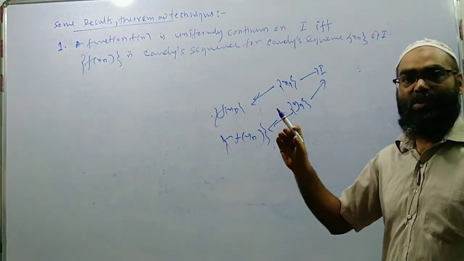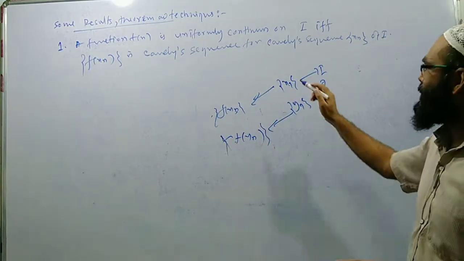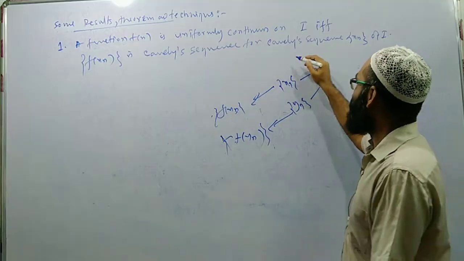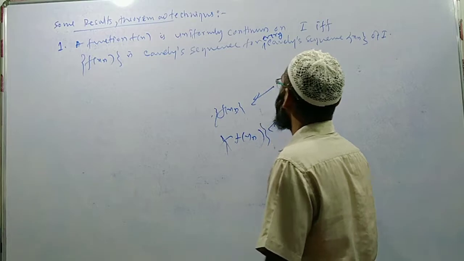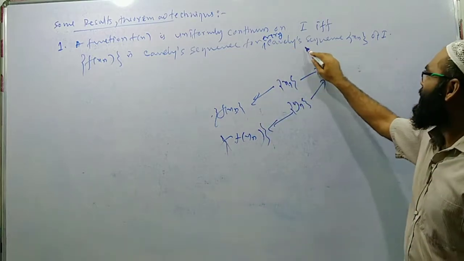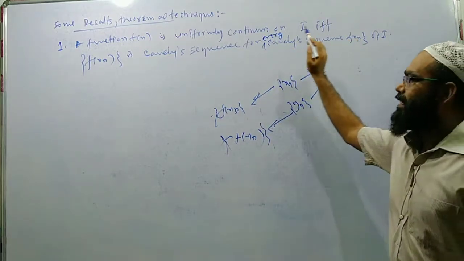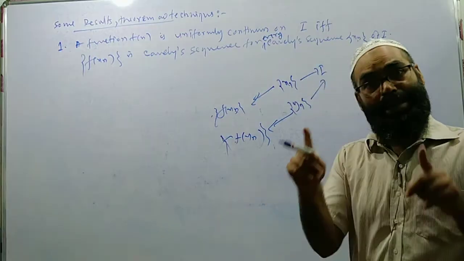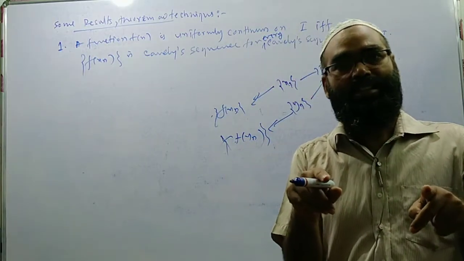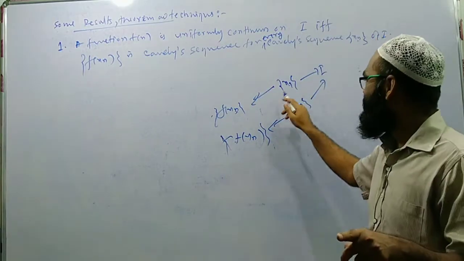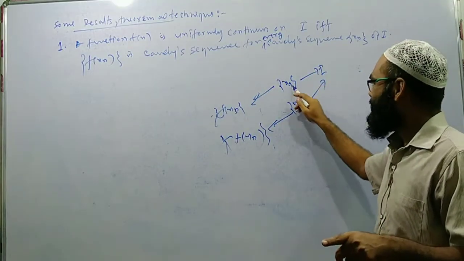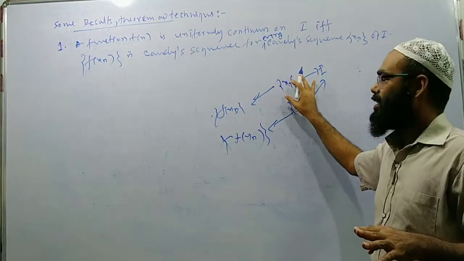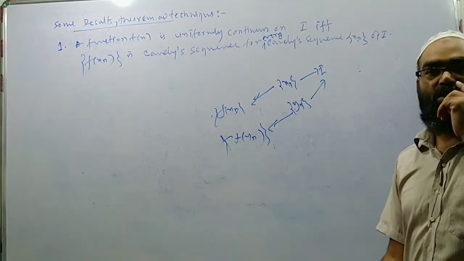f(x) will be uniformly continuous if, observe the language, for every Cauchy sequence xn, f(xn) is also a Cauchy sequence. That is, if xn is a Cauchy sequence and yn is a Cauchy sequence from I, then the sequences of their function values are also Cauchy sequences.